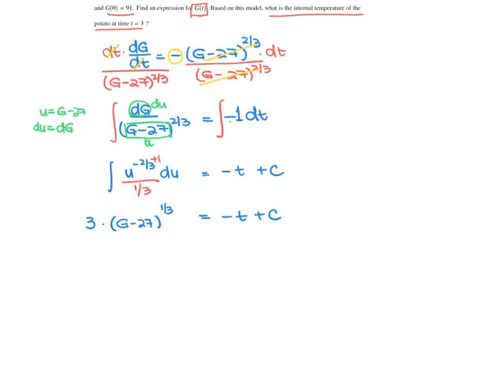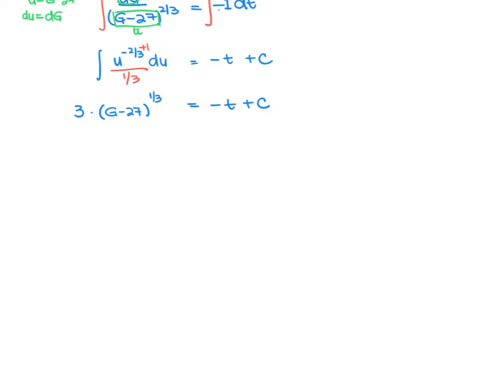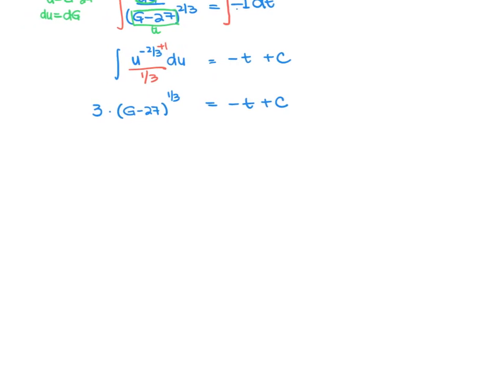All right, so now we're going to use the initial condition that g of 0 is equal to 91. So we're going to plug in 91 for g and 0 for t.